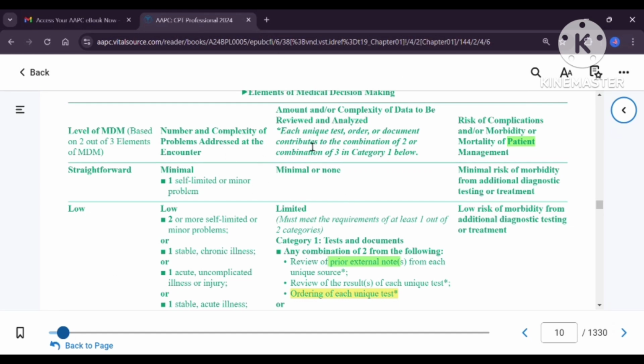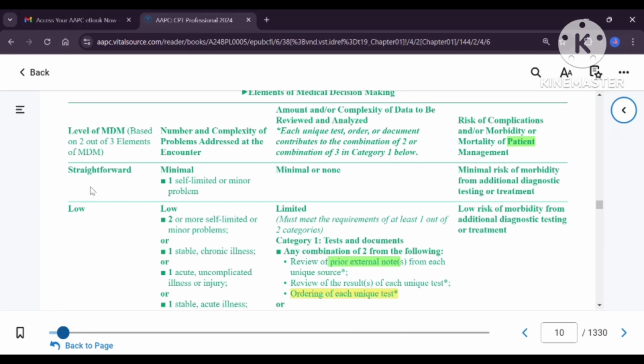And note down, whenever we are reporting the MDM, it can be based on 2 out of the 3 elements. So in a row, if 2 elements are satisfied, you can choose that as your MDM. In a single row, for example, under straightforward, in the same row, I get the first and second point matching, but this one is not matching.